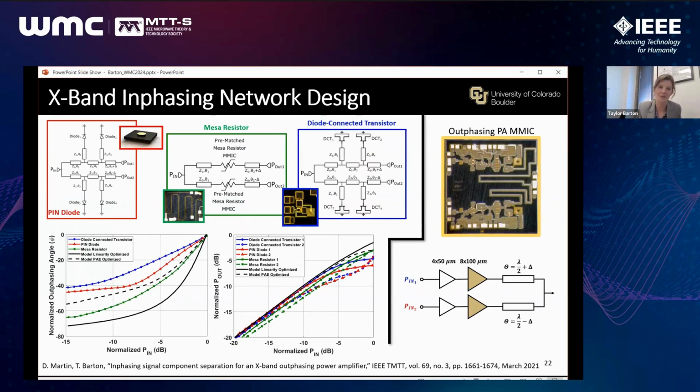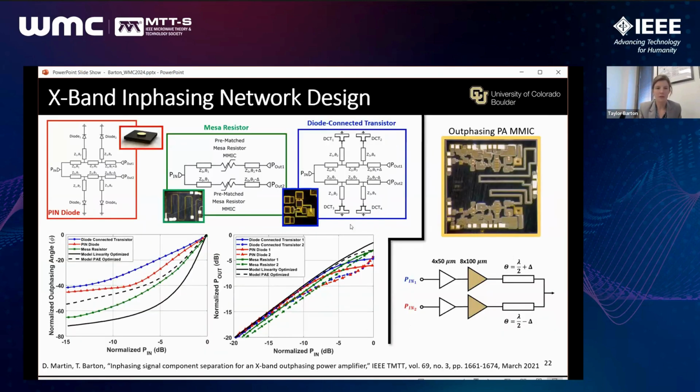We actually use this for nonlinear resistance in in-phasing, or like a diode-connected transistor, which of course is also going to give you ultimately a nonlinear resistance. So we took these nonlinear elements and compared them in different networks to get this outphasing response.